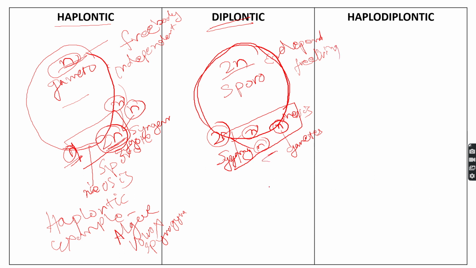But this N is not free living. Okay, so the examples are all the gymnosperms and angiosperms.